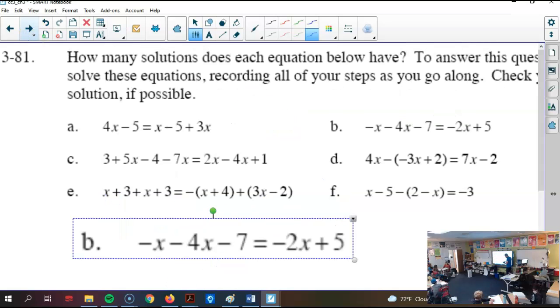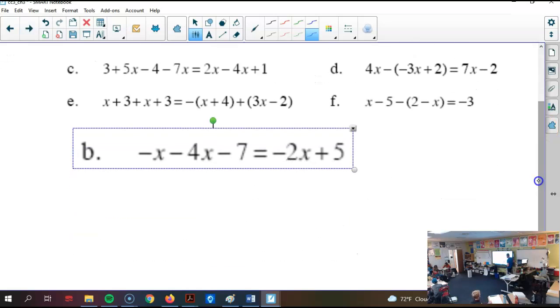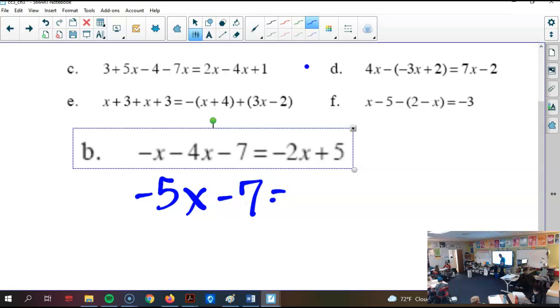So on B, Gust, what could I do first here? Well, I don't know if I got this right, but you can plus 2x. Not yet, we shouldn't. You're right, we can. But simplify. Yeah, which I get then. Oh wait. I got negative 5x minus 7 equals negative 2x plus 5.